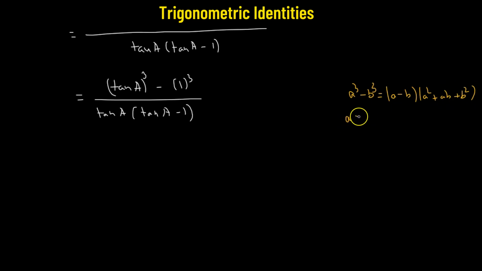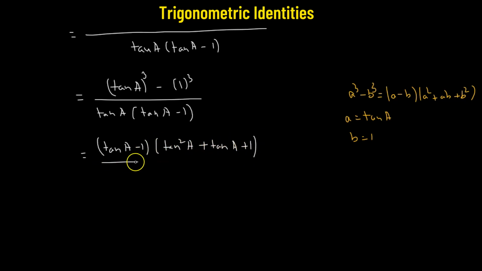So if we consider a to be tangent of A and b to be 1, that means our numerator will become tangent of A minus 1 whole multiplied by tangent squared A plus tangent of A plus 1, divided by tangent of A multiplied by tangent of A minus 1. So tangent of A minus 1 will get factored out from the numerator and denominator.